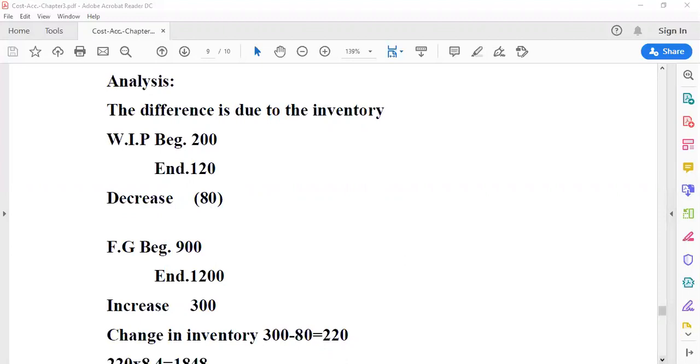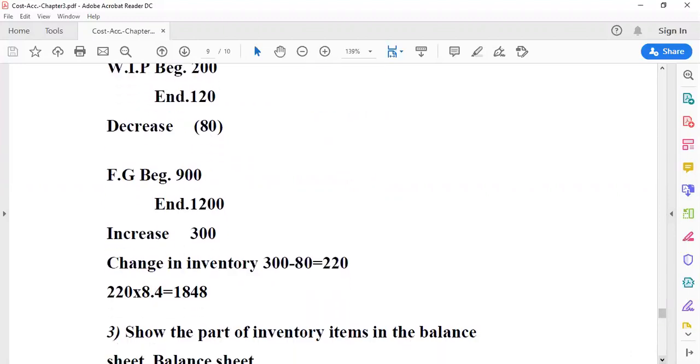Then I have to do the same for the balance of the finished goods. We have beginning finished goods, which was given as 900 units, and ending units of 1,200. So there is an increase in the finished goods units, and this increase equals 300.